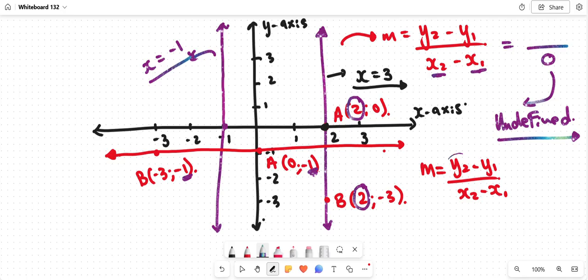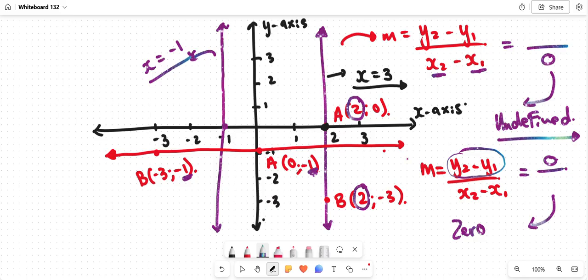What you should be noticing here is that the y value does not change. So here at the top, we would have y2 minus y1 giving me a 0 because they're the exact same value. So we have 0 divided by something. We don't know what that number is, but it will be a 0 at the top, and this will always give me a 0. If you divide 0 by anything, you will always get 0.